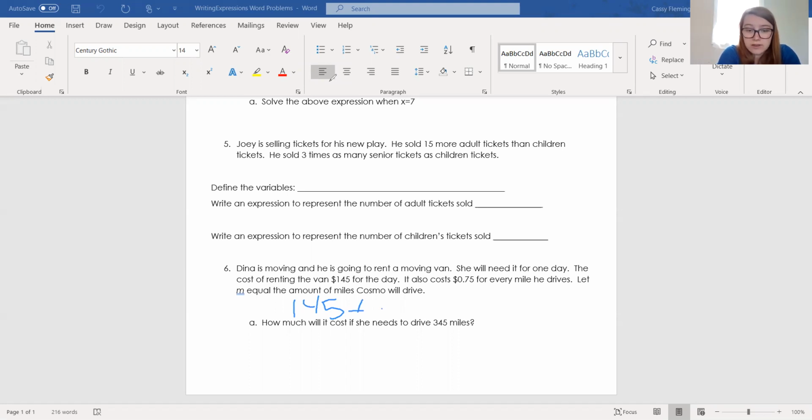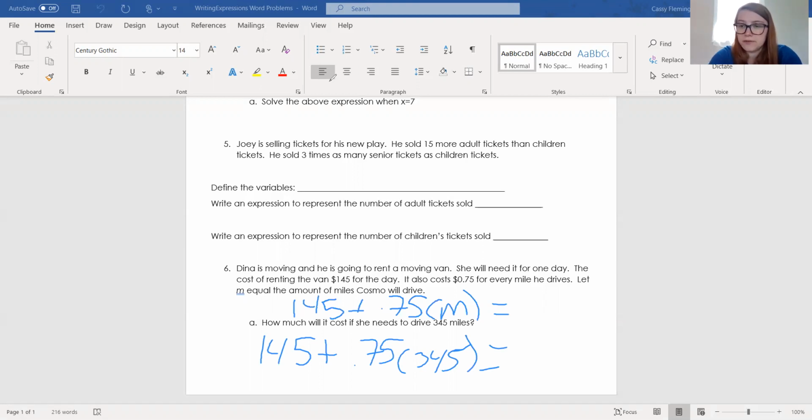We know that it's 75 cents for every mile, and it wants us to use M for miles. So that's our expression. Now it asks if she needs to drive 345 miles. So we do 145 plus 0.75 times 345.